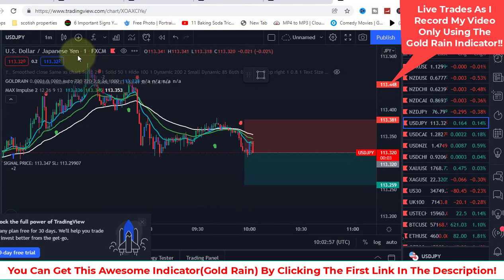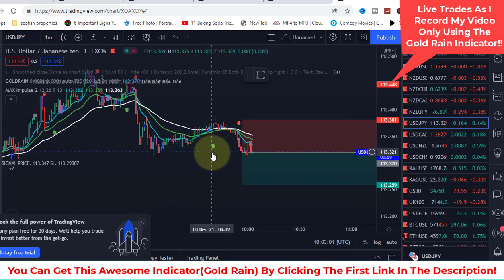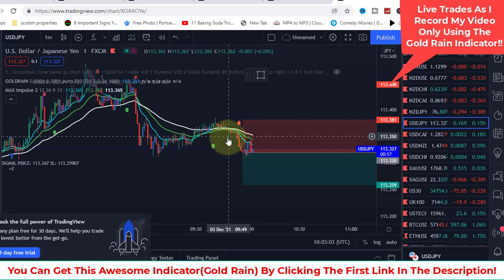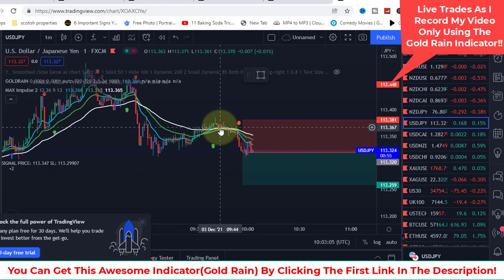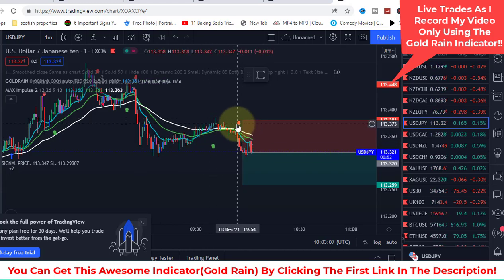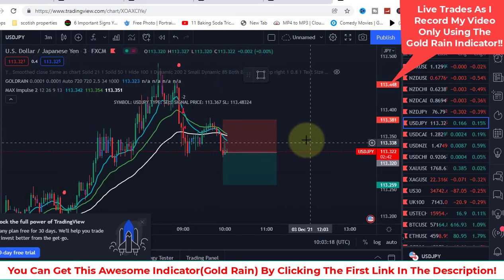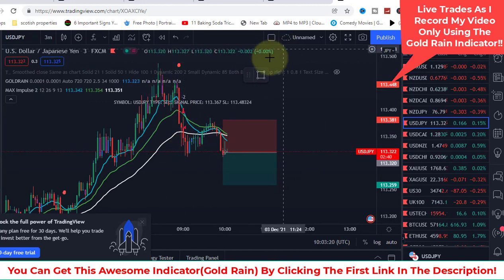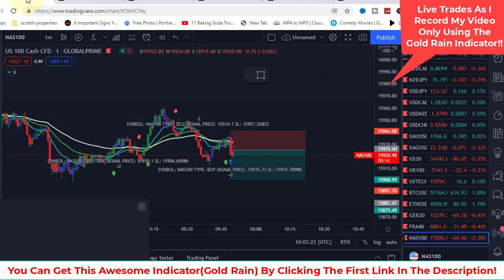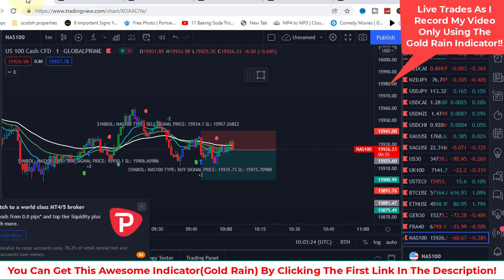But in the 3 minute time frame, obviously we have these dots. This one said the trend is going to turn back up, which it did a bit. But here we have another red dot telling us otherwise, that price would be pushed down. So for that, I just wanted to change to a bit higher time frame, which was 3 minutes. So so far, let's check the trades, guys. We took.